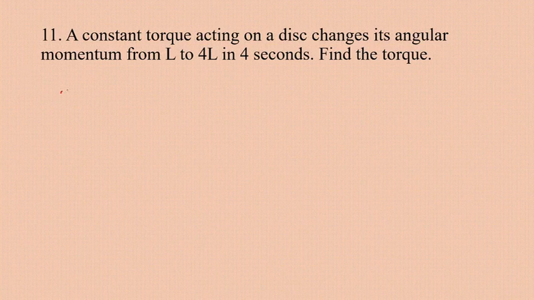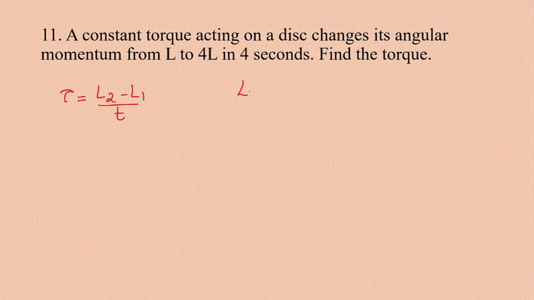The torque tau is equal to the change in angular momentum divided by the time, the rate of change of angular momentum. Here, what is L1? L1 is equal to, we can express by capital L. What is L2? That is 4 times capital L. What is the time?